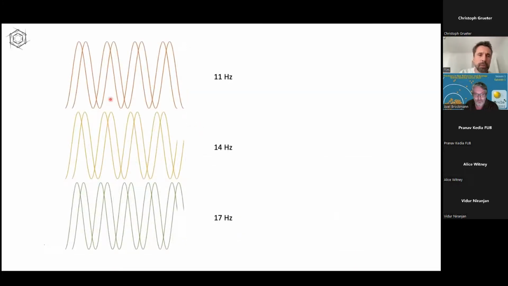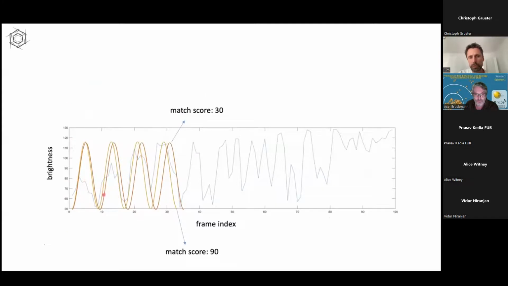So what you basically do is you have sine and cosine waves at certain frequencies, and you just put them over this function, and then you take, for example, the dot product or some kind of similarity measure, and then you can optimize the position, and then you get a score of how well that matches. And so that's what we basically did. I'm simplifying a little bit, but at the core, that's what we did.